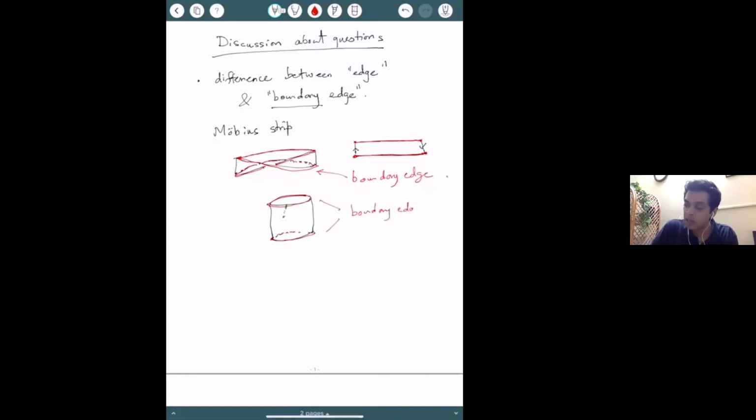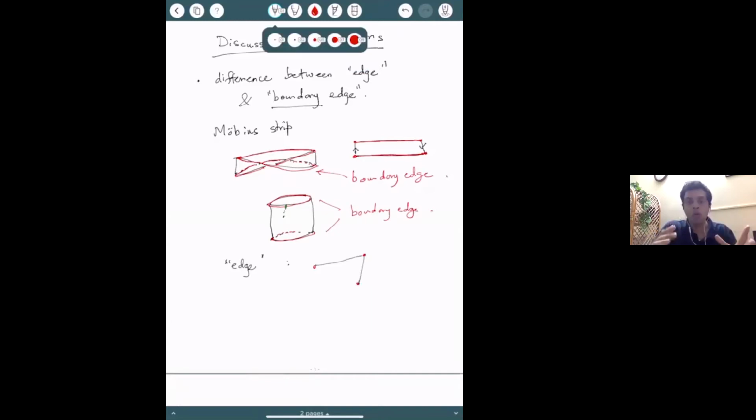And the notion of an edge that we talked about in the first session, the usual edge, is just an edge in a graph. Remember, I was drawing the vertices, and then these edges are these green lines, the edges in a graph.